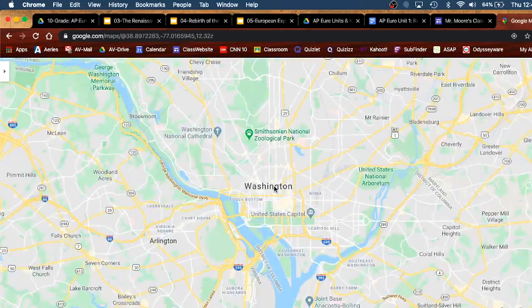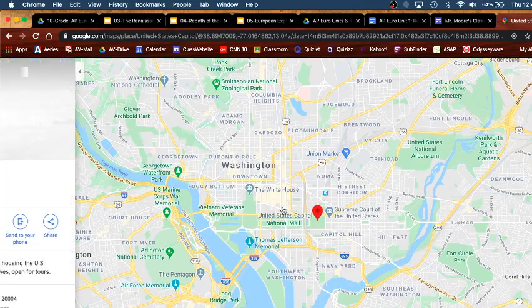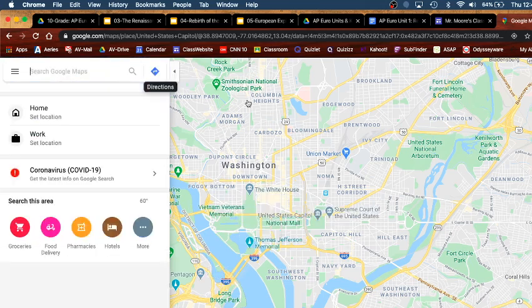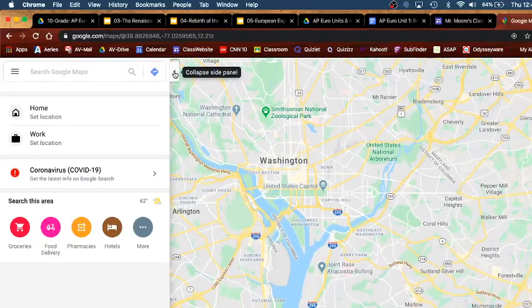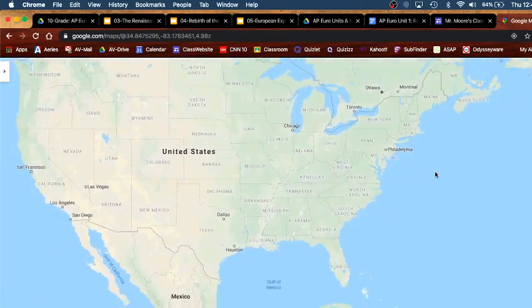I think that's really important to recognize. I'm just zooming in here on the Capitol building, and you probably already know what it looks like. There's one half for the House of Representatives and one for the Senate. We still use a lot of the same political ideologies that stem from the Romans and the Greeks.